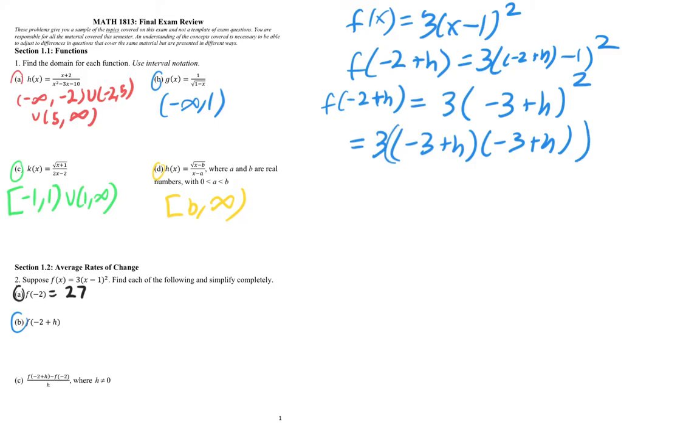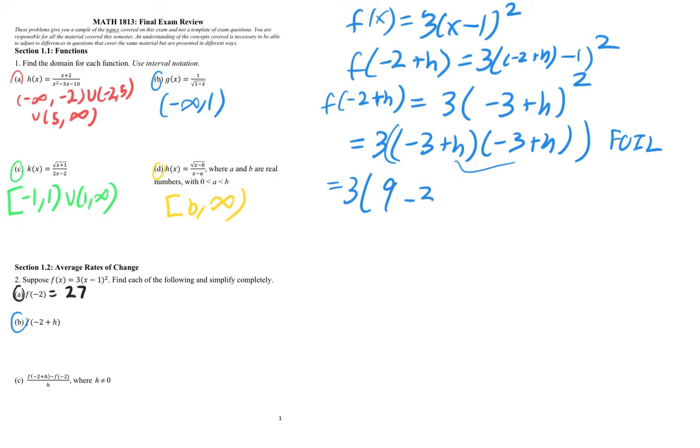So now what we have to do is FOIL this out. So that stands for first, outer, inner, and last, right? So our first term is -3 times -3. We're left with 9. Our inner term is going to be -3 times h.